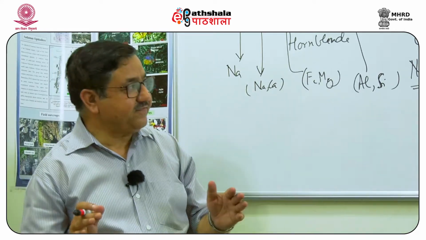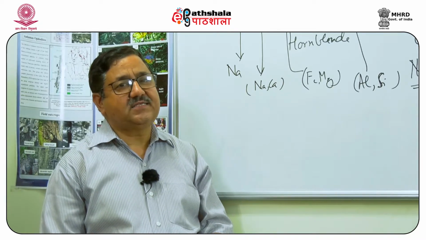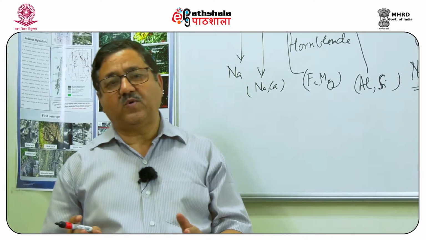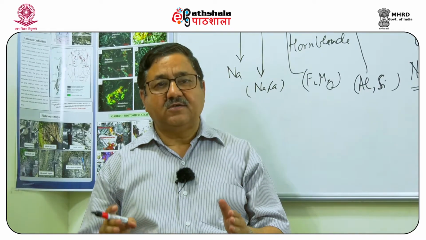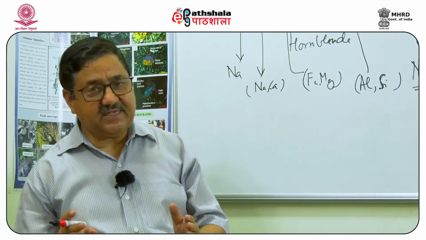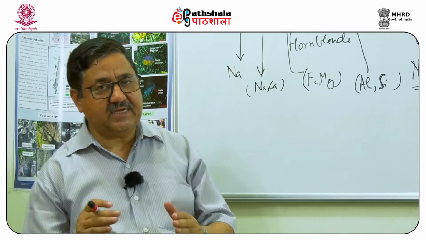So, after knowing the types of amphiboles, we will now start looking at its structure. As I mentioned, the structure of amphibole is similar in terms of basic chain silicates. The difference is that it has double chain silicates, or two chains.